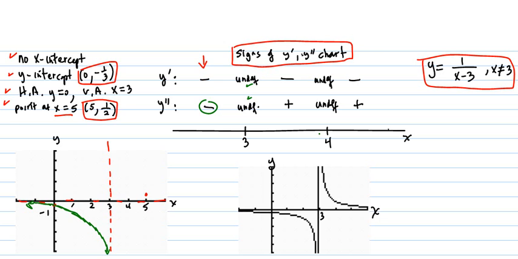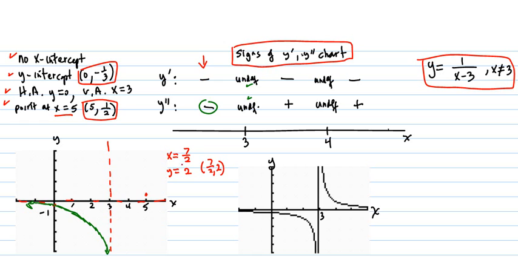In between 3 and 4, the function is decreasing, and concave up. We don't have any points in there, so maybe we should evaluate a point just to see where we are.